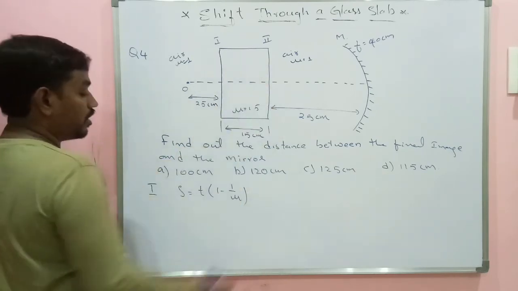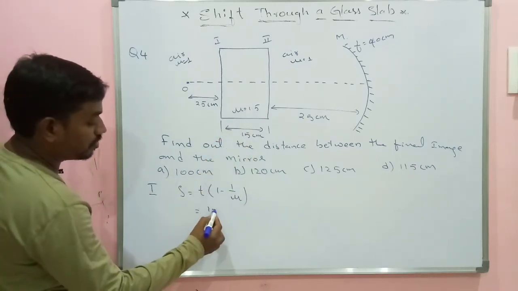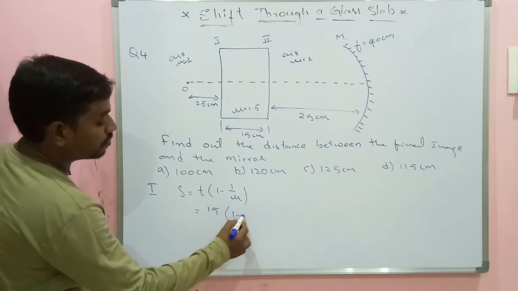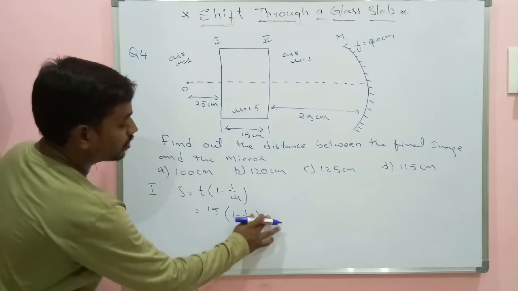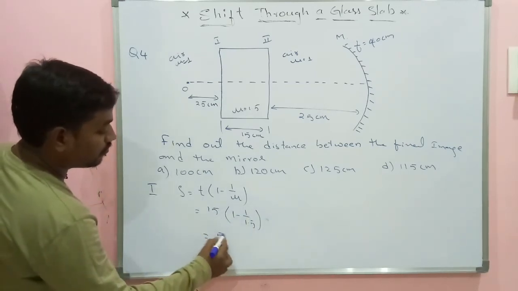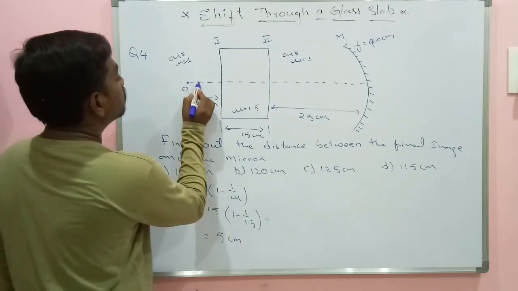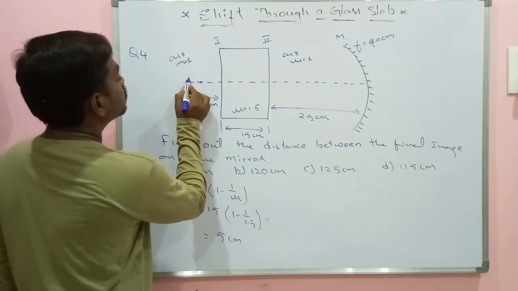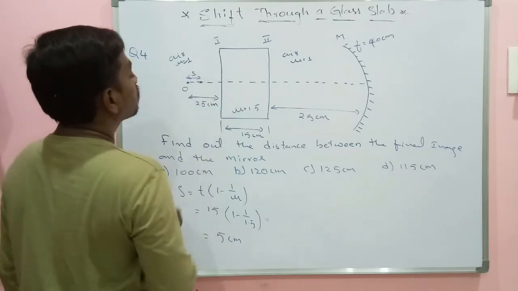As it is surrounded by air, I can use this formula. So T is how much here? 15 centimeters. 1 minus 1 by 1.5. Simplifying, I'll be getting 5 centimeters. Means it is positive. So it will be shifted 5 centimeters towards this side. This is the shift here.